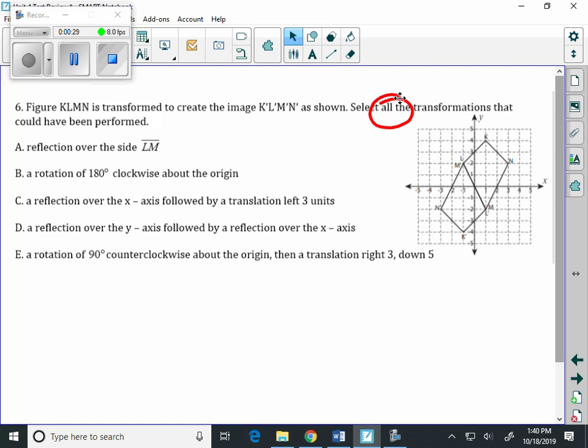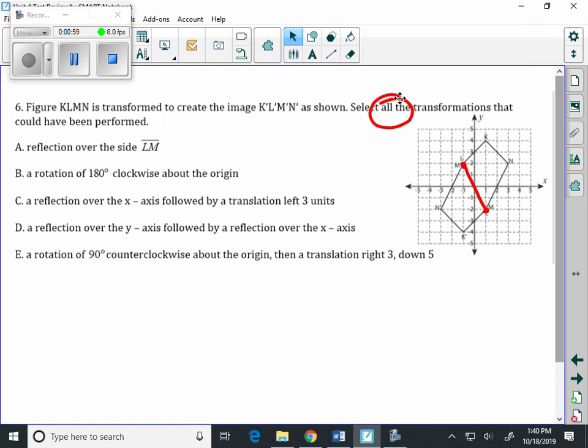But the first option, a reflection over the side LM. So if at all possible, I'm going to draw that in. So we want to reflect this over that line segment LM. And what we would do for that is count just like we did with regard to the line y equals x.